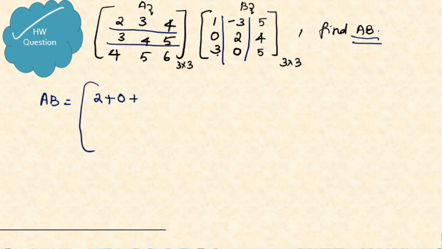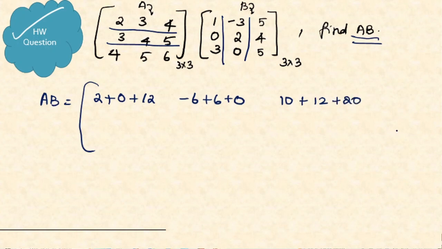Then first row, second column: 2 threes are 6, minus 3 is there, 3 twos are 6, plus 4 zeros are 0. Then first row, third column: 2 fives are 10, plus 3 threes are 12, plus 4 fives are 20.